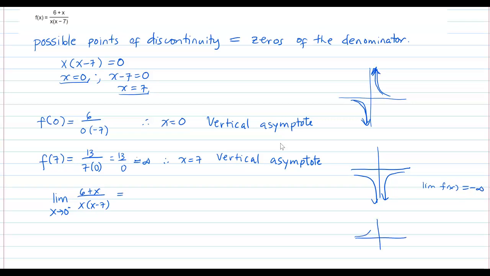Then if the graph looks like that, the limit of that function as x approaches 0 is positive infinity. So it exists, and it's equal to positive infinity. But if it looks like this, the limit of the function as x approaches 0 does not exist, because they approach 2 different values or expressions.